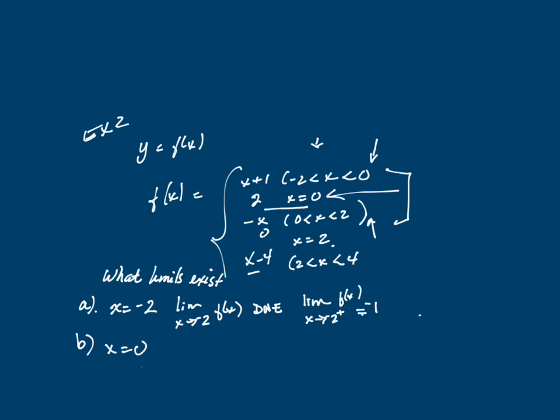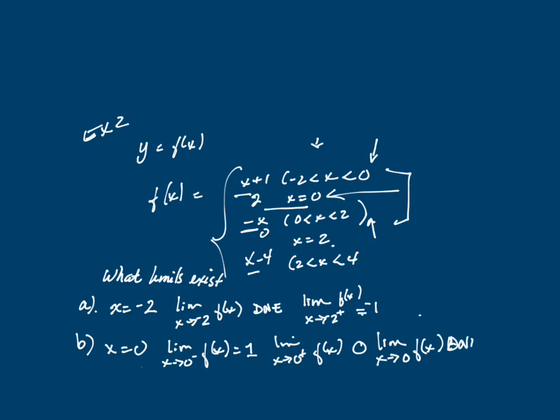So if we're coming from the left, the limit as x approaches 0 from the left of f of x is equal to 0 plus 1, or 1. And the limit as x approaches 0 from the right of f of x would be 0. So the limit would not exist at 0.